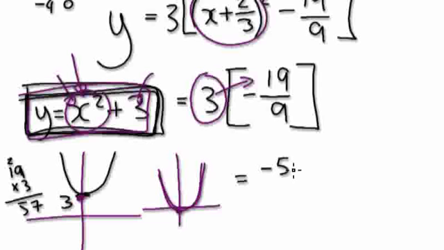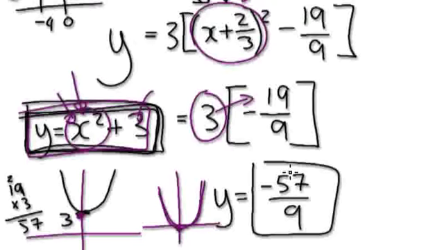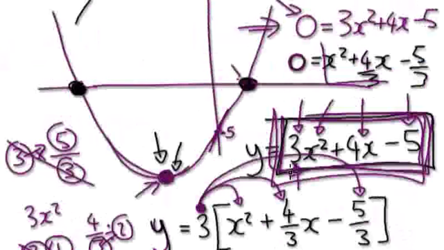So it would be minus 57 over 9. So remember, the lowest possible point is y equals minus 57 over 9. The y value here will be minus 57 over 9.